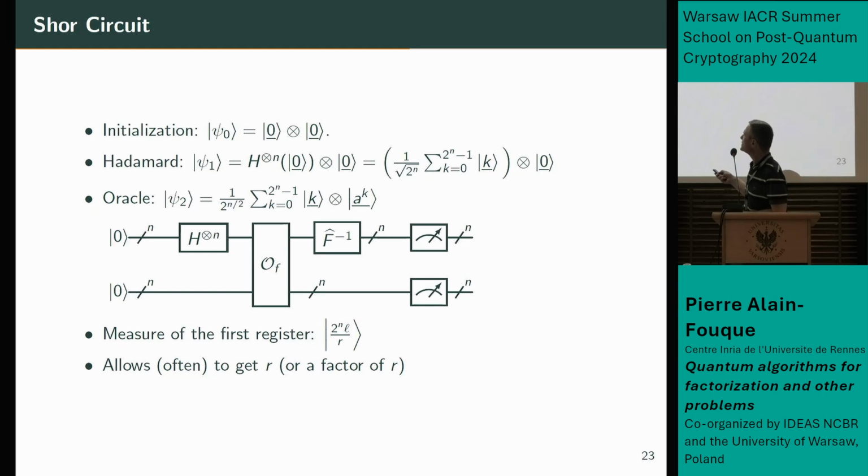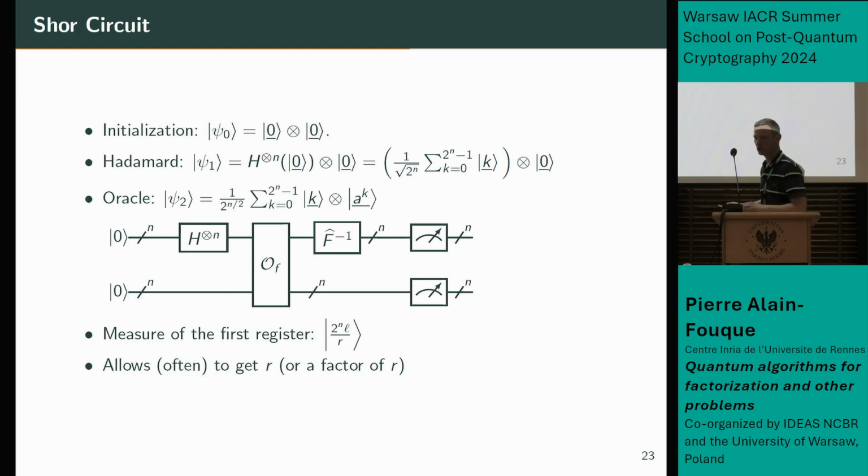Now, if we apply this and we measure the first register, we will get this value. It is exactly as I explained before. The function here allows us to switch, so the R that was in the numerator I have been able to transform into the denominator of this fraction.